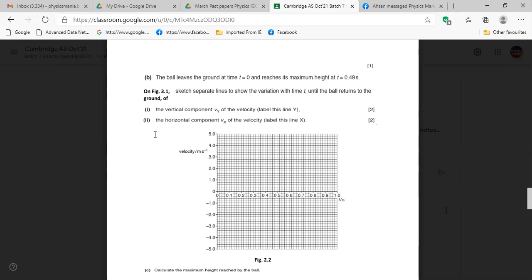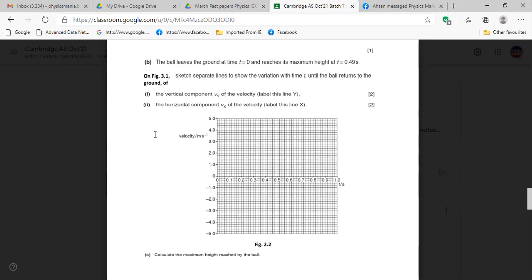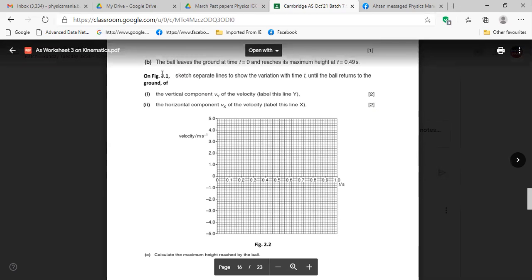On figure 3.1, sketch separate lines to show the variation with time t until the ball returns to the ground of the vertical component Vy of the velocity, label this line y, and the horizontal component Vx of the velocity, label this line x. Okay, very good. So here on figure 2.2, you write. Those who got it printed as figure 3.1, instead of it you write 2.2. You correct it.